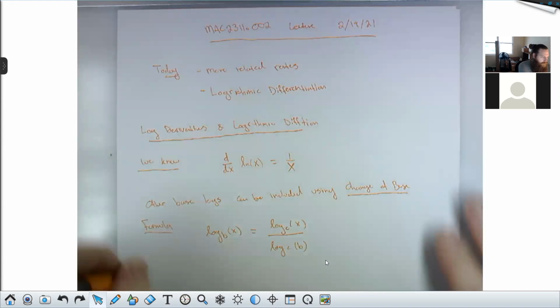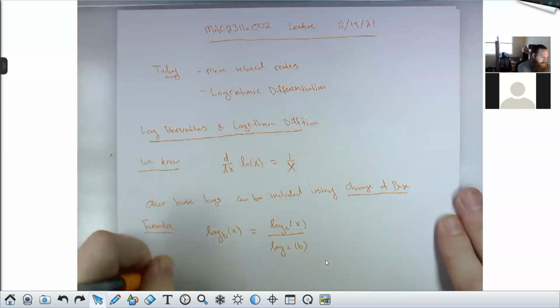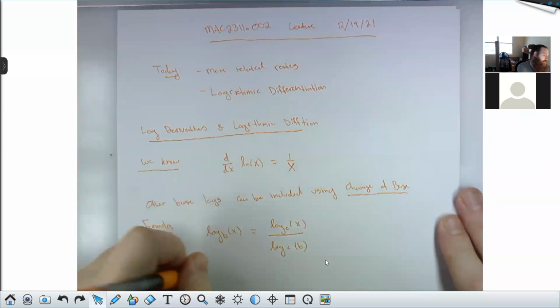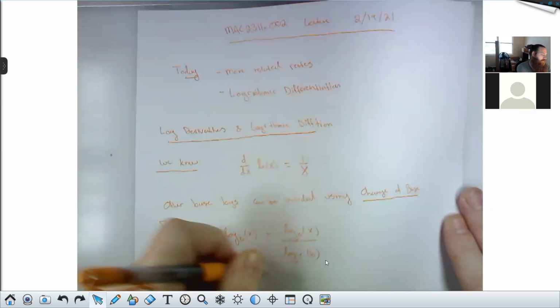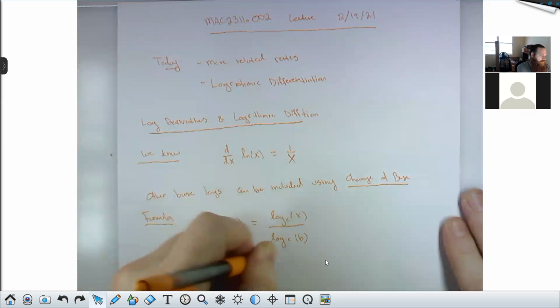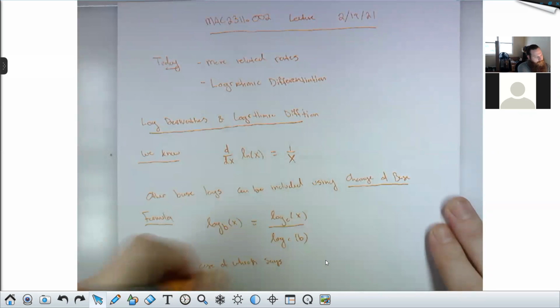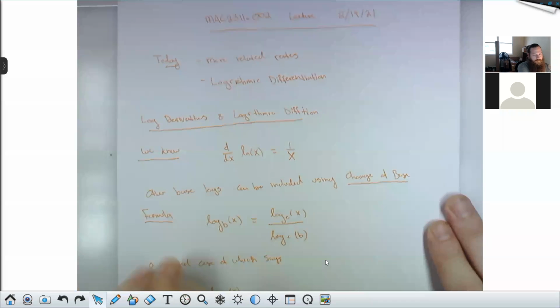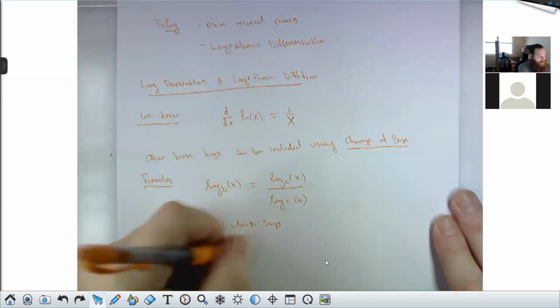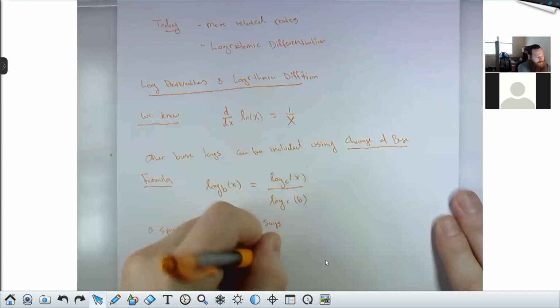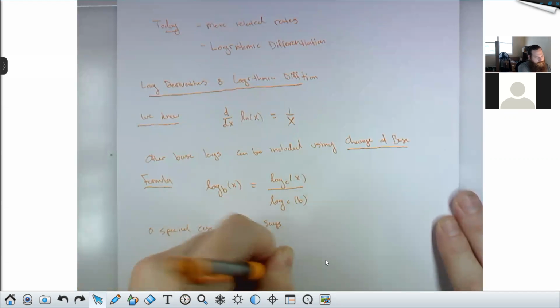A special case of this says that the base b log of x is equal to the natural log of x over the natural log of b.